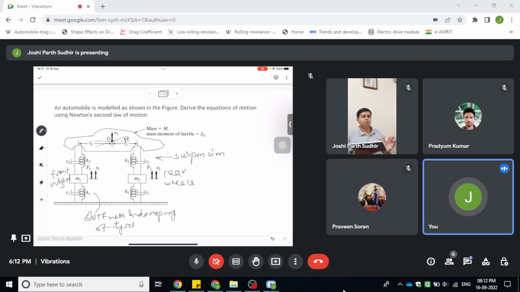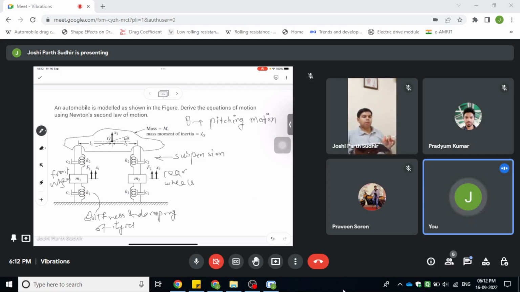So any doubts in this, any questions on this? So theta basically represents the pitching motion, the coordinate x3 represents the up and down motion.